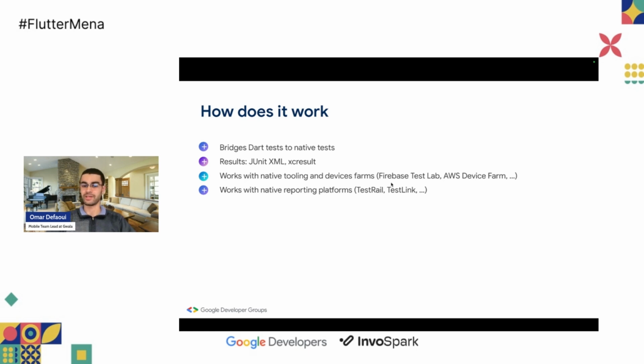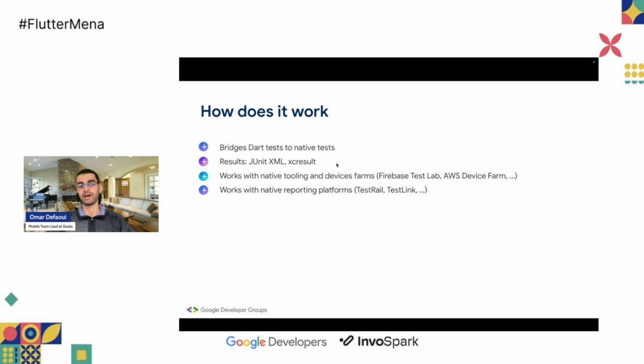We should. A lot of companies have a lot of devices, maybe simulators or real devices. It depends on the company. So, for example, we have Firebase Test Lab and AWS Device Farm, and we have a lot of solutions that do that. And these tools need to support Flutter if it doesn't generate native code.